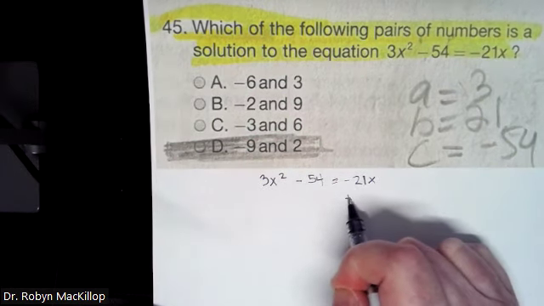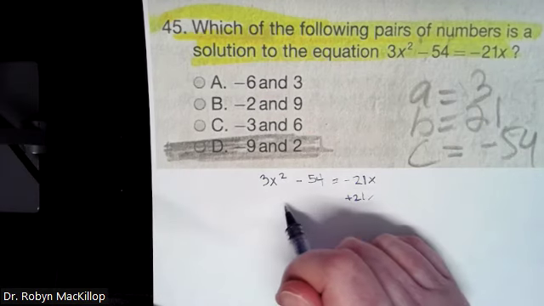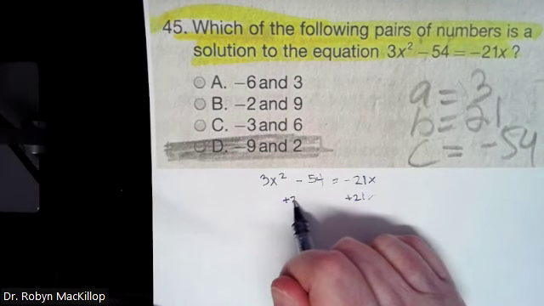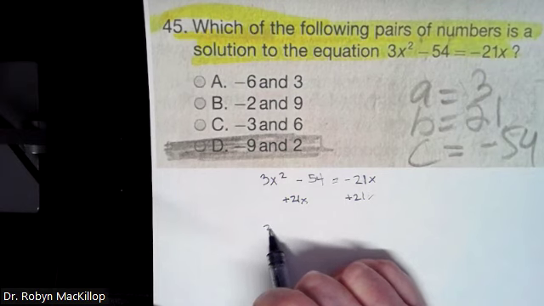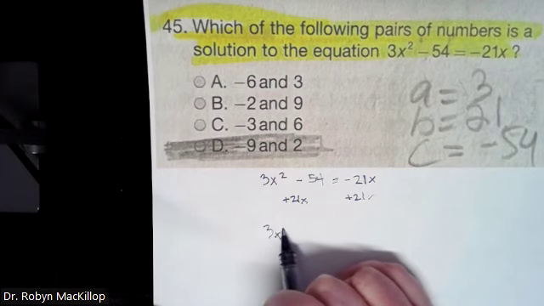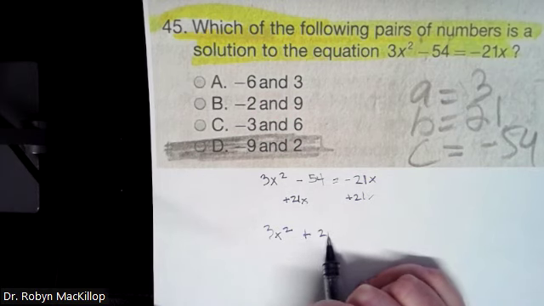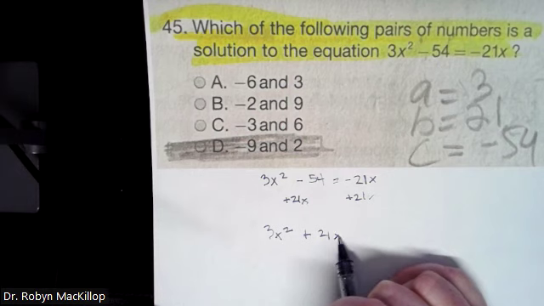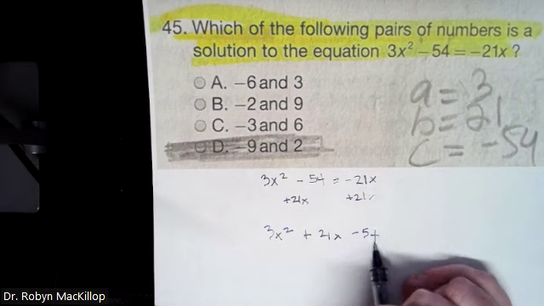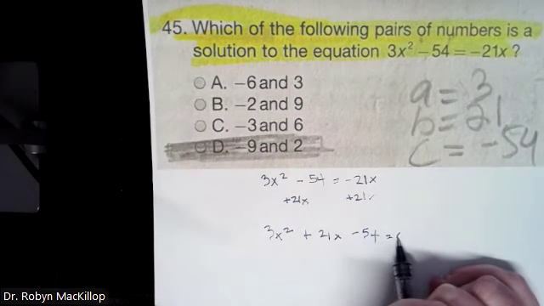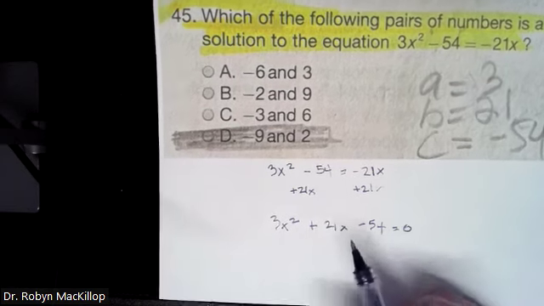So you're going to add the 21x in order to make that 0, which means you're also going to add 21x to this side. So your quadratic equation is 3x squared plus 21x minus 54 equals 0. And I assume you wrote this, so you are correct.